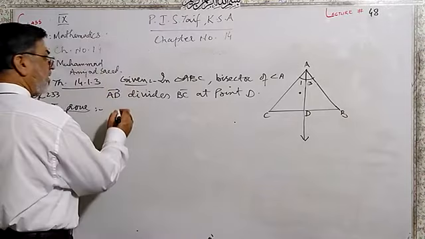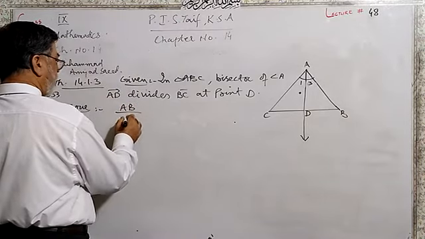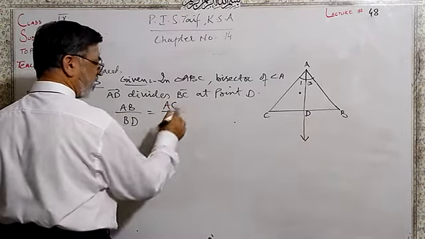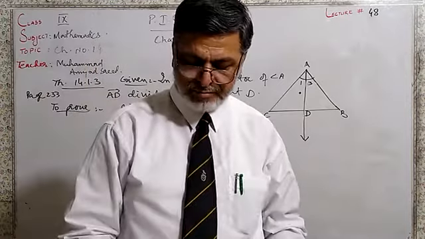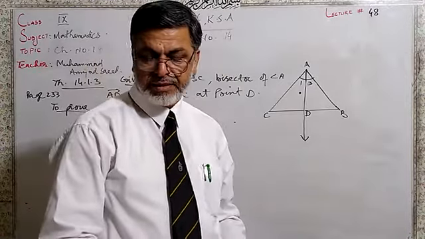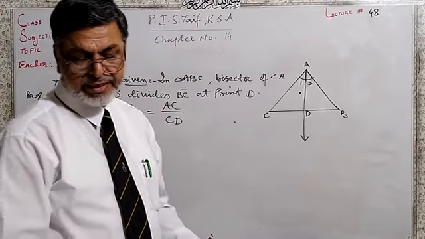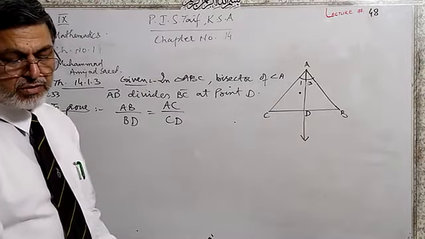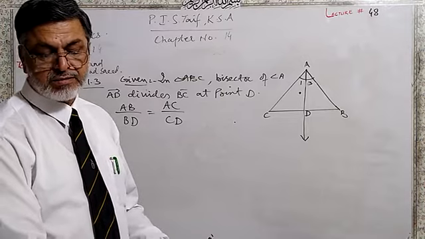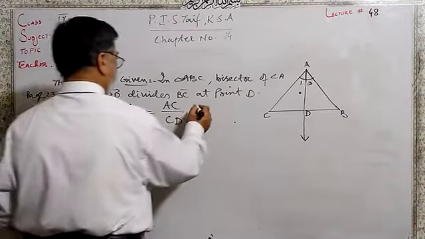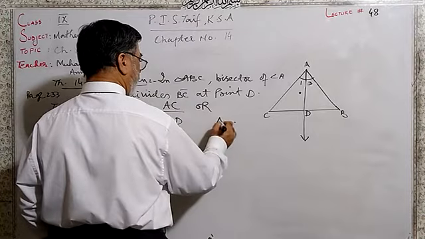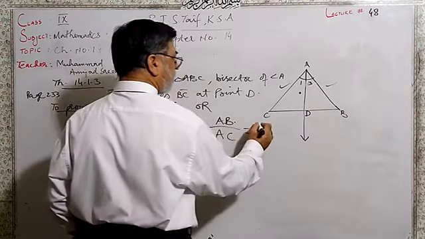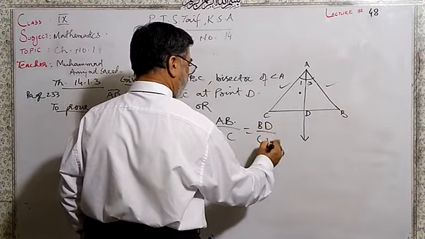So you can say that AB ratio BD is equal to AC ratio CD, or you can say AB ratio AC is equal to BD ratio CD.